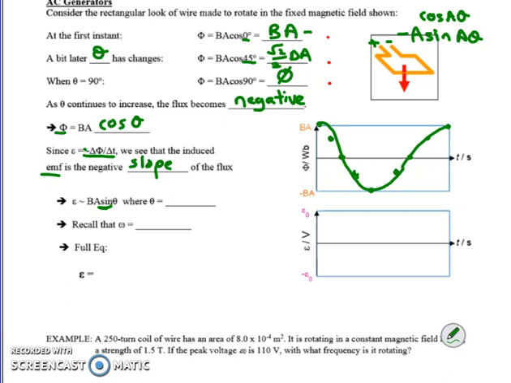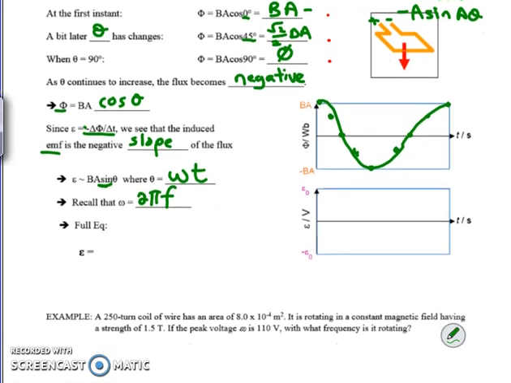Theta, in this case, is like an angular displacement, which is equivalent to omega times t. We learned that last year, where omega is the angular velocity, how many radians per second that thing is rotating around. And we can also relate omega to frequency, so that's also equal to 2 pi f. You've probably forgotten that, but that's a useful relationship.